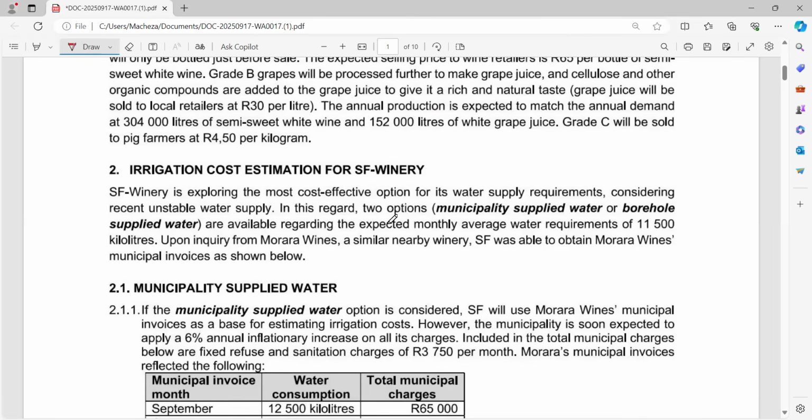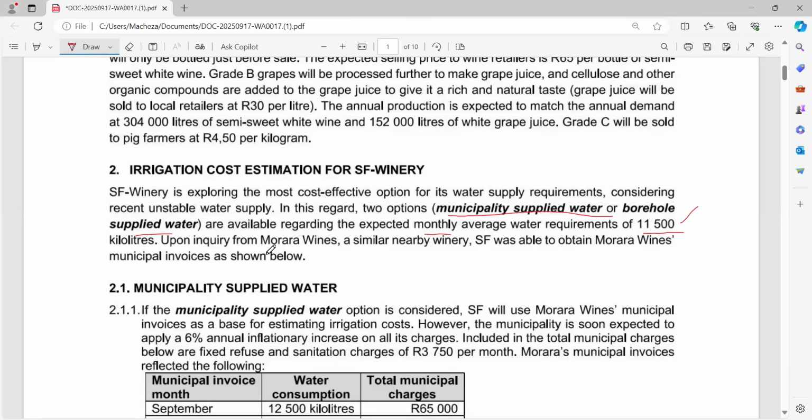In this regard, they have two options, the municipality supplied water or borehole supplied water. Regarding the expected monthly average water requirements of 11,500 kiloliters, the monthly water requirement is 11,500 kiloliters.